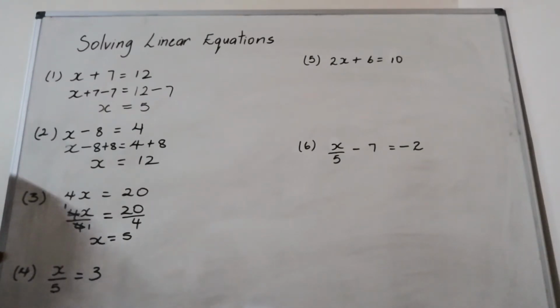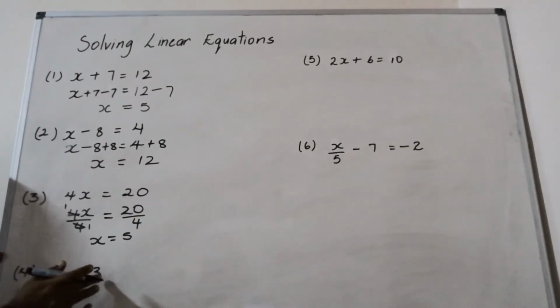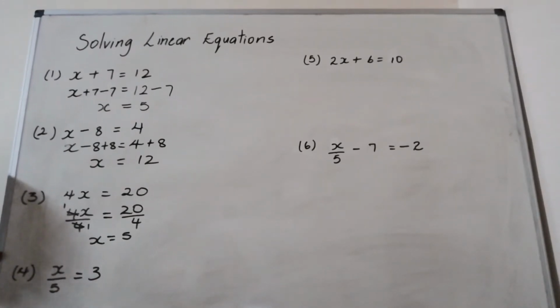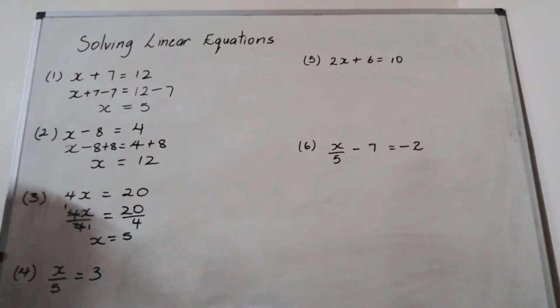Now, our next question here. x over 5 is equal to 3, or x divided by 5. So we have to get rid of our 5. Since 5 is dividing, to get rid of it, we multiply.